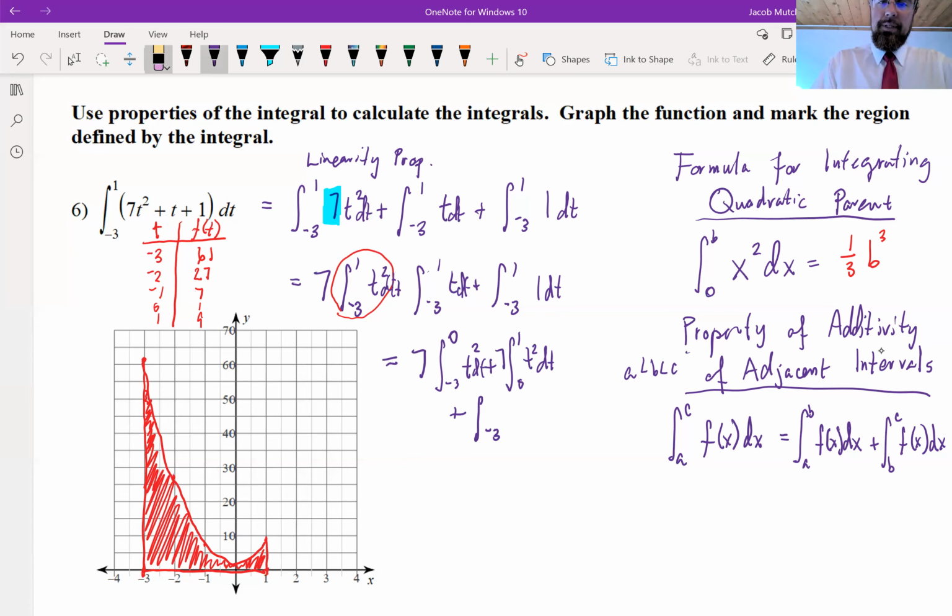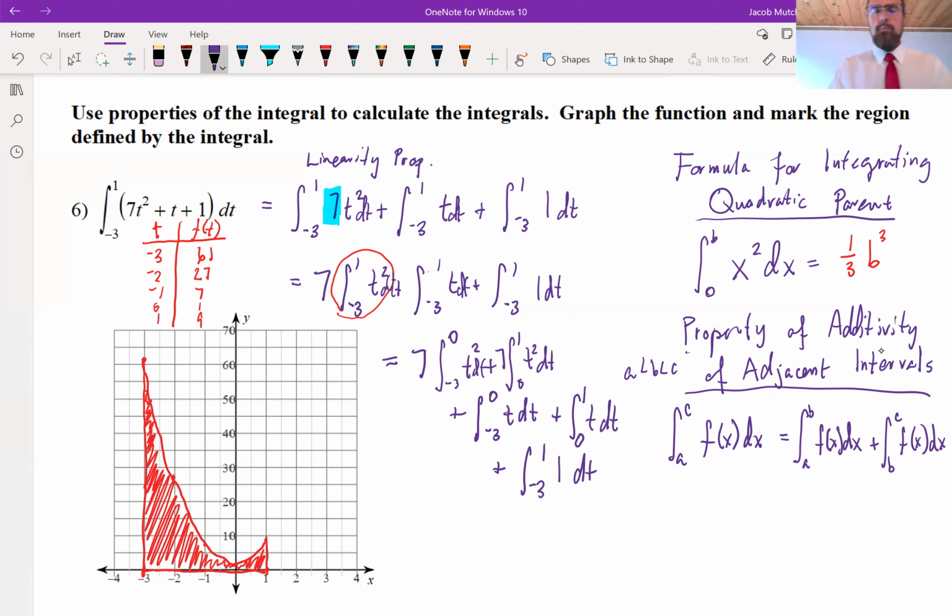So I'll again split that -3 to 0 of t dt plus the integral from 0 to 1 of t dt. And then I can bring my final interval, plus the integral from -3 to 1. We're okay there to use that whole integral from -3 to 1.